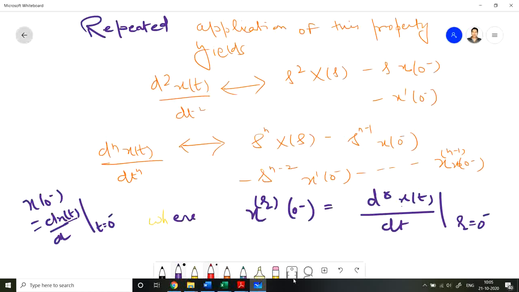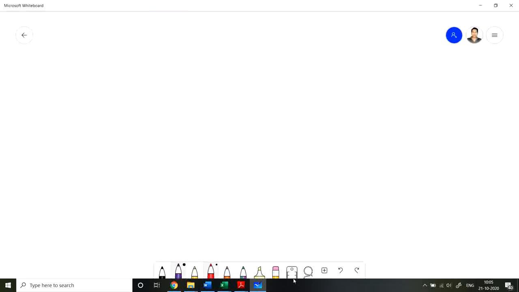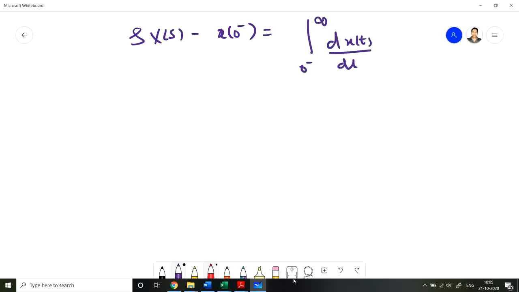Now we are going to use this differentiation property to find the initial value. According to this property, sX(s) minus x(0-) is nothing but the integration from 0- to infinity of dx(t) by dt times e to the power minus st dt.